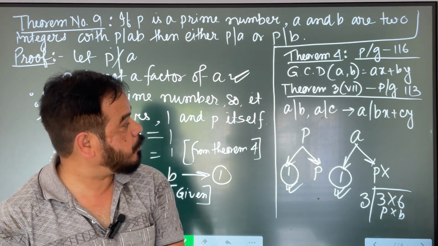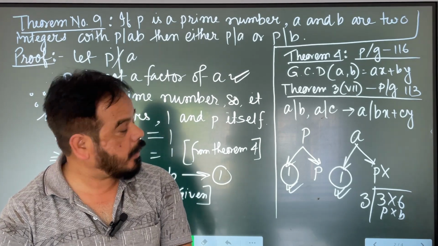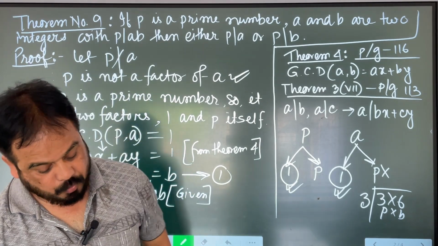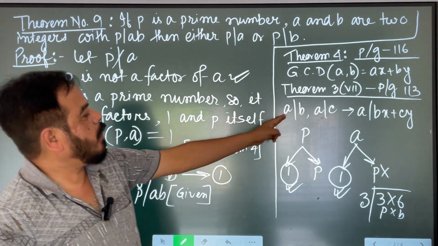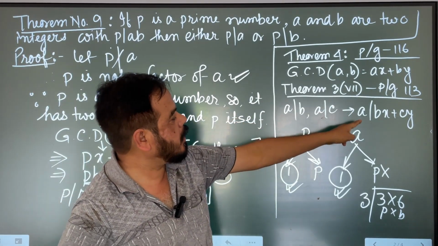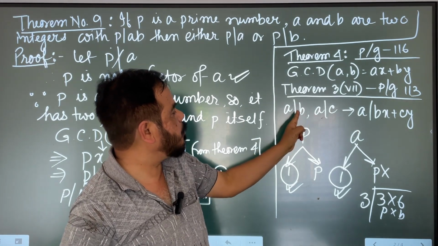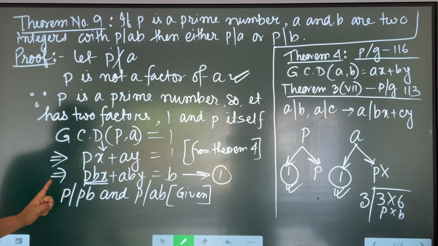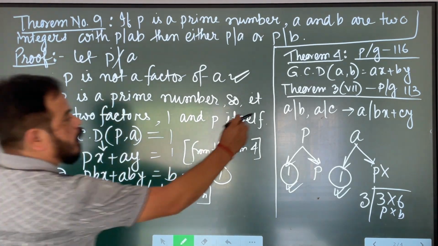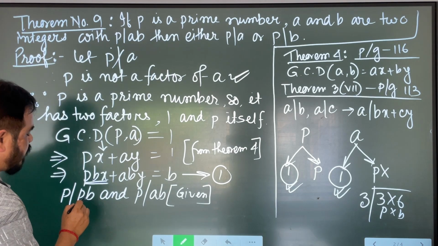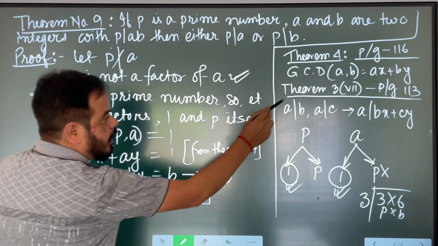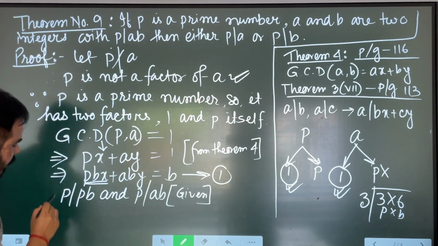Theorem 3.7: if A divides B and A divides C, then A divides Bx plus Cy, where x and y are integers. With B, x will come, and with C, y will come. Same thing here.